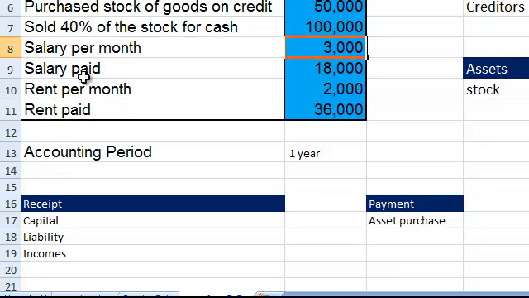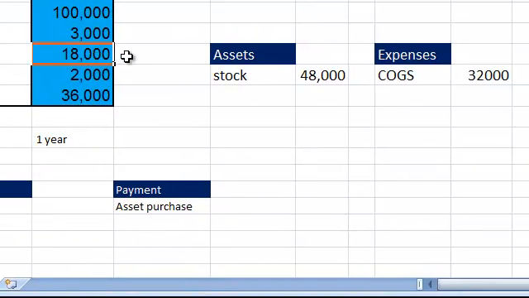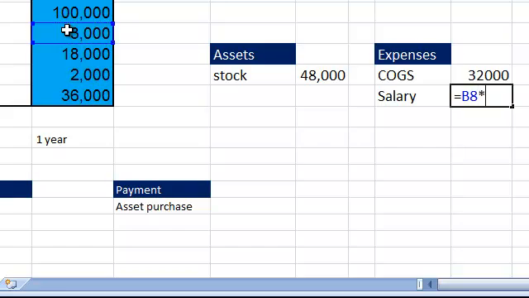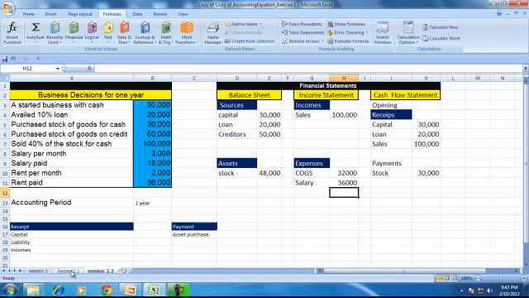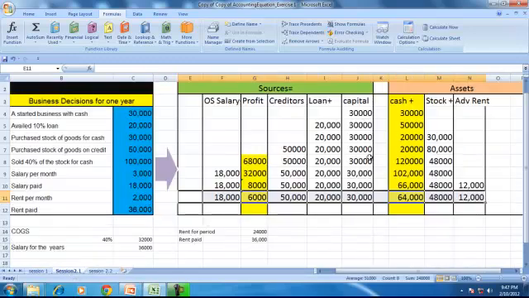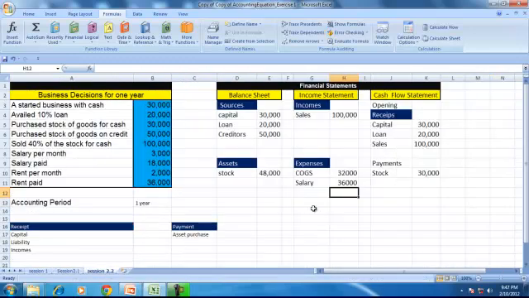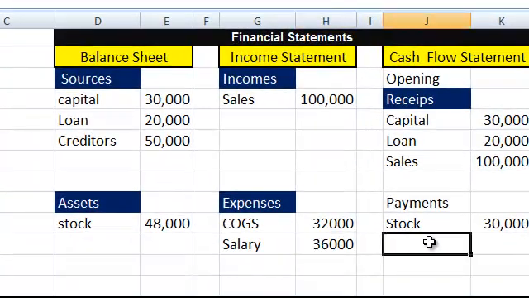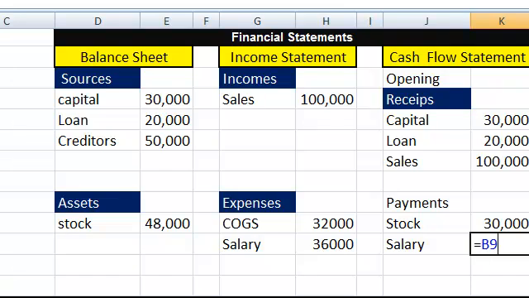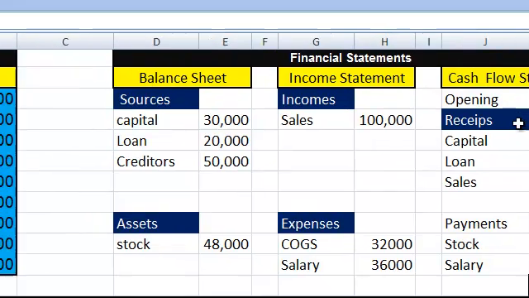Salary per month is 3,000, but salary paid is 18,000. First, let us write down salary as an expense. The salary as an expense is 3000 into 12, which was not visible here. In this case, we don't know how much is expense. But did you pay that money? The salary you paid is only 18,000.